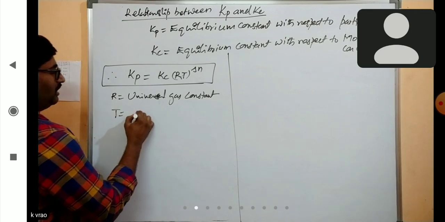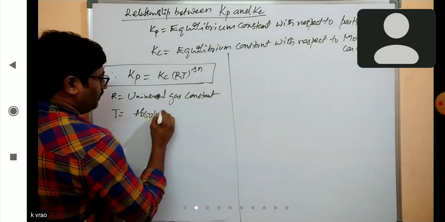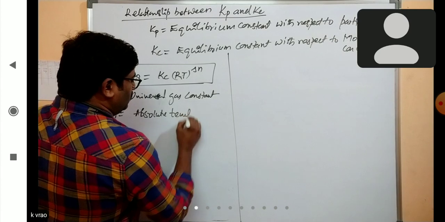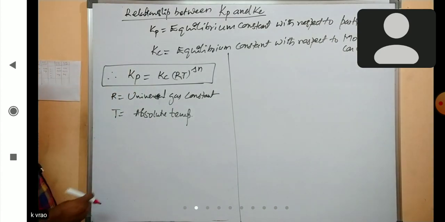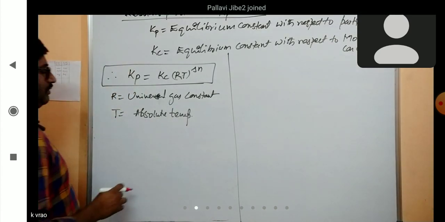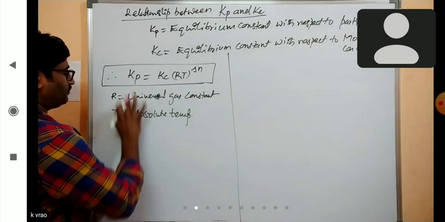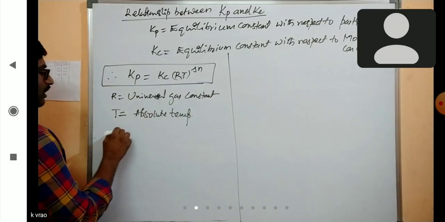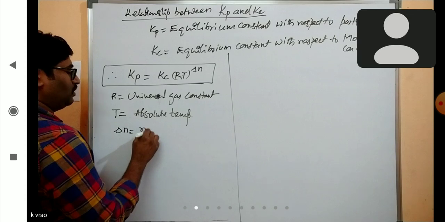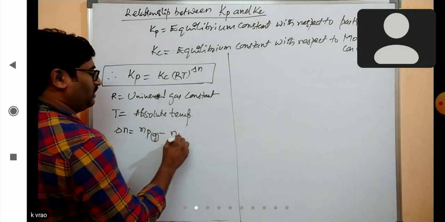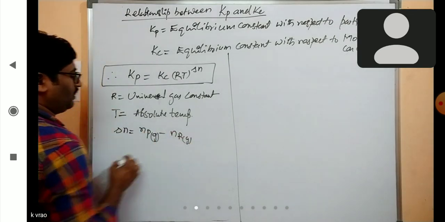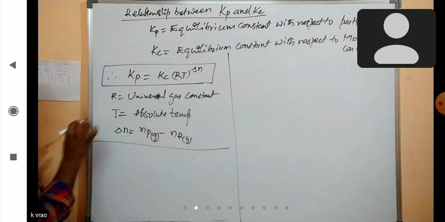T is equal to absolute temperature. Delta n is equal to number of moles of gaseous products minus number of moles of gaseous reactants.